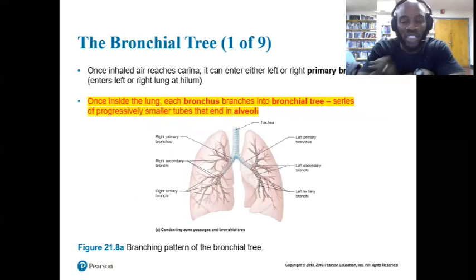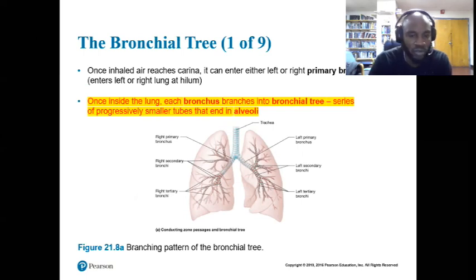Now we get into the bronchial tree. Once inhaled air reaches the carina, it can enter your left or your right primary bronchus. I don't know if I mentioned this earlier, but we have a left and a right lung, and they are a little bit different from each other. We're going to talk about that when we go into more detail about the lungs.